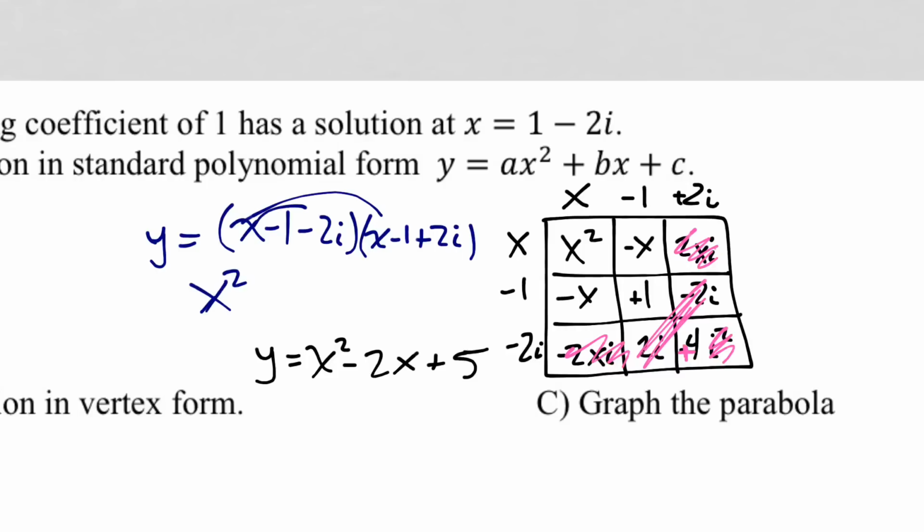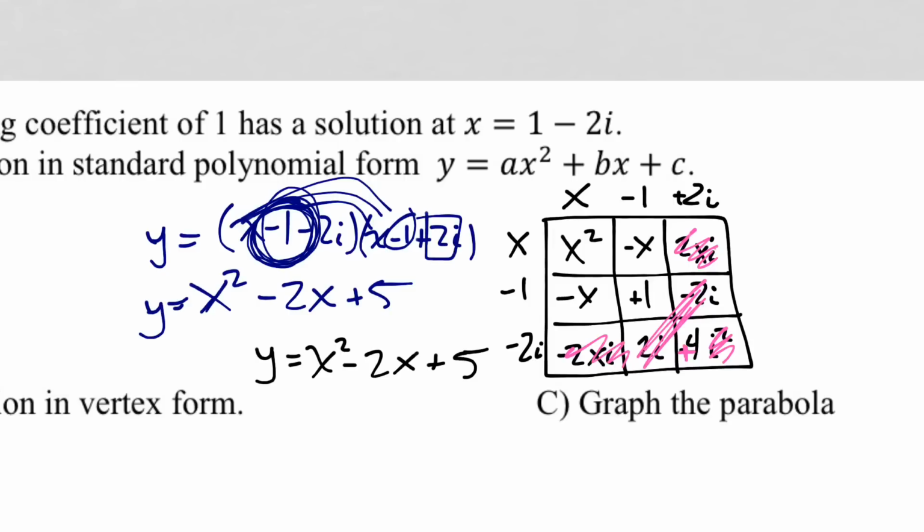We will get double that many x's, minus 2x, right? Because we'll get that minus x right there, and we'll also get that minus x right there. And then in terms of the real part, we get that minus 1 squared, so we get a 1, and we get that 2 squared, a 4, so we get our 5. And it's pretty much always going to work out that way.